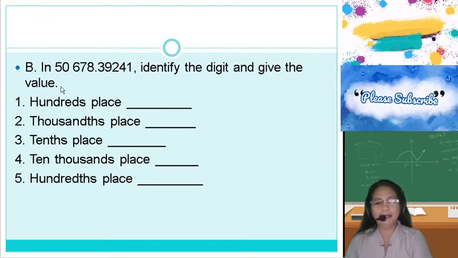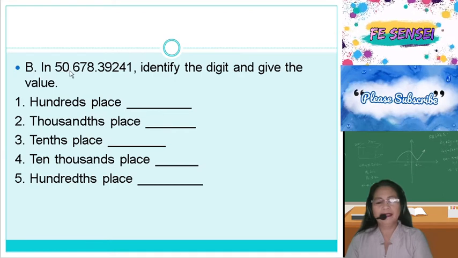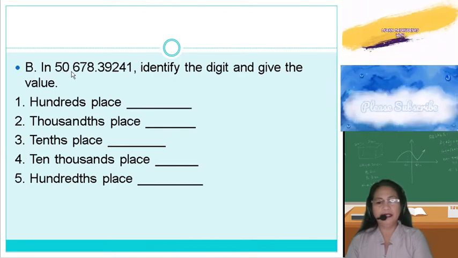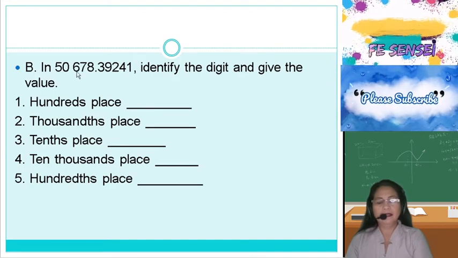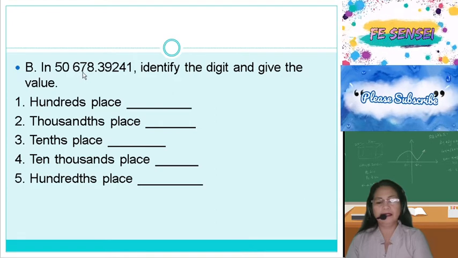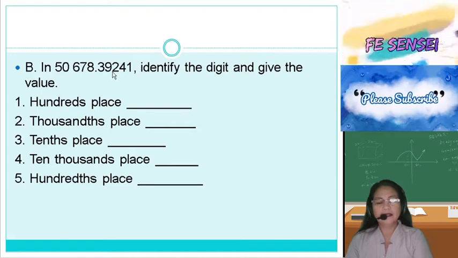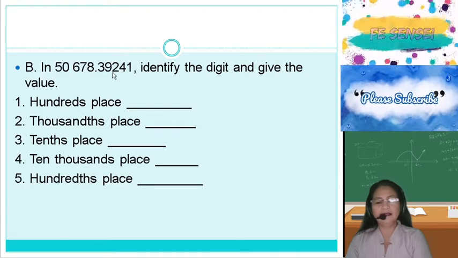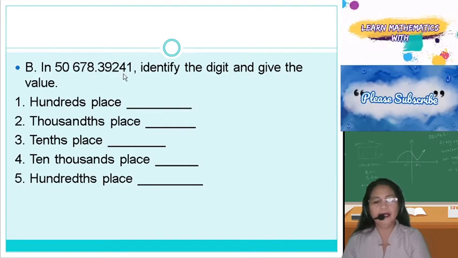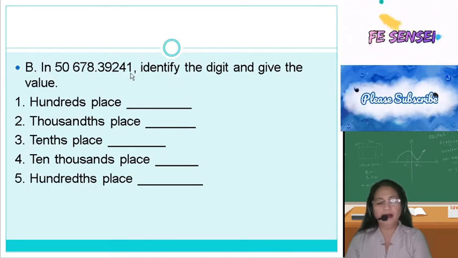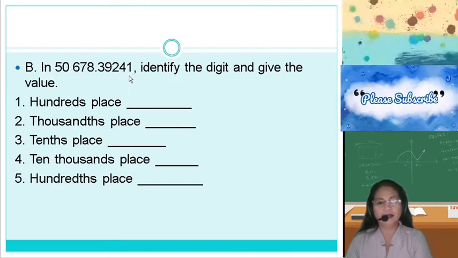In this number, this is 50,678 and 39,241 hundred thousands.